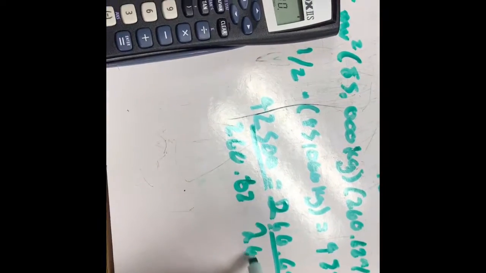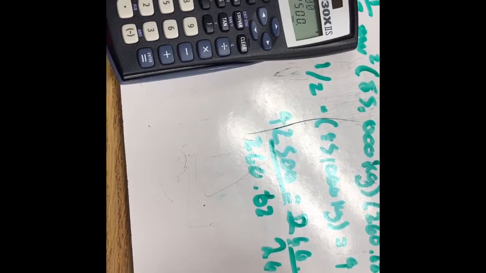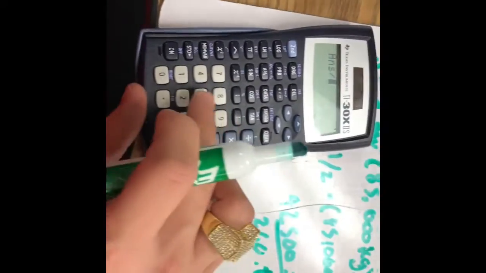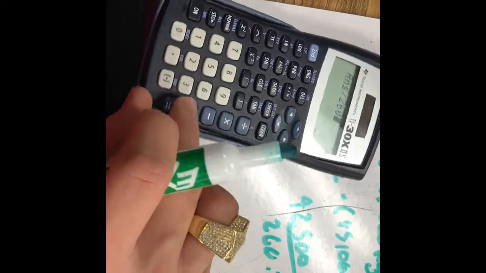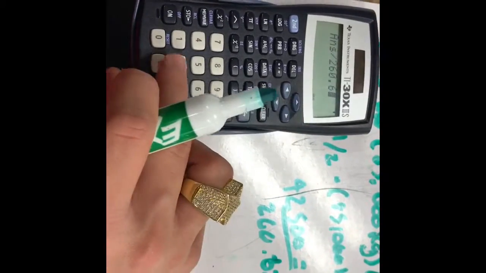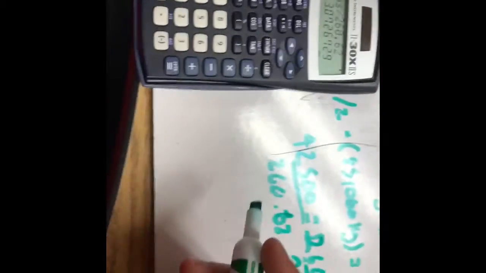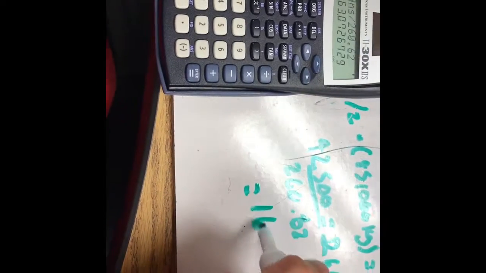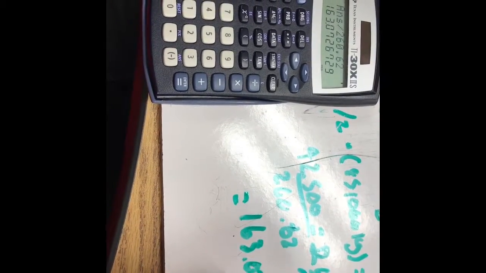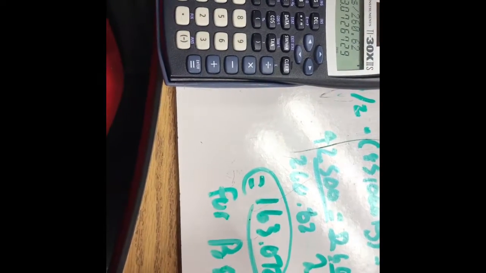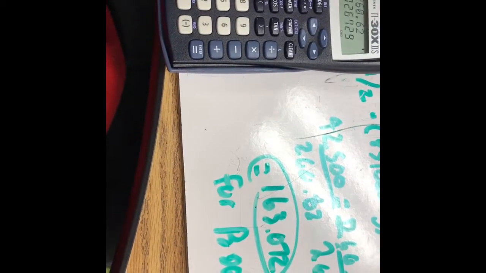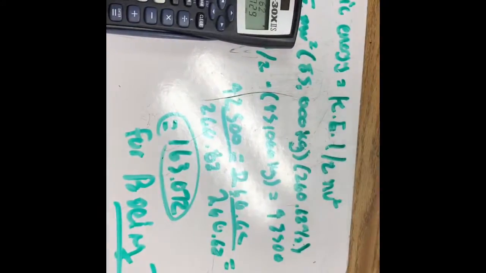And on my calculator I should be getting 163.072 joules. Or no, my bad. Meters per second.